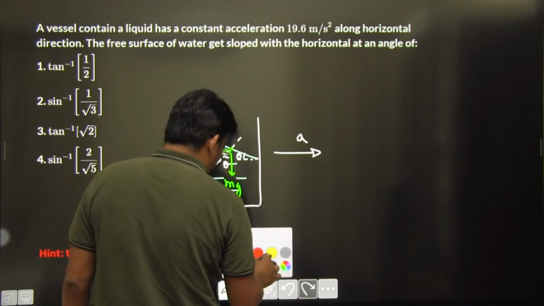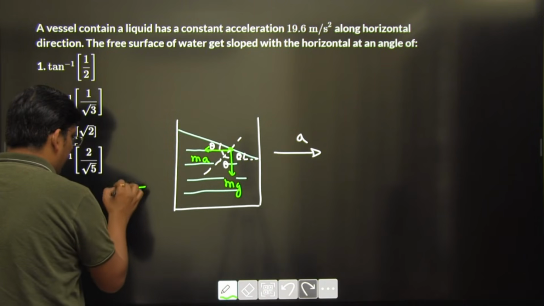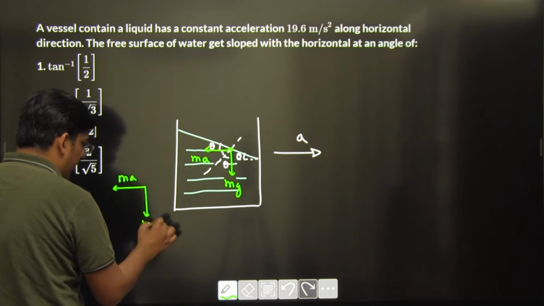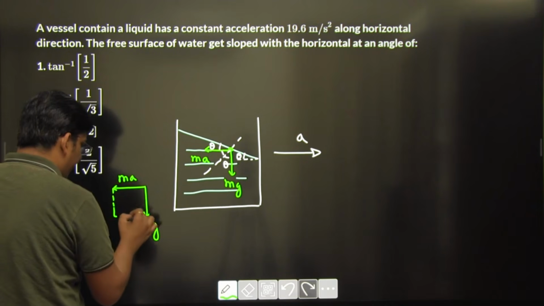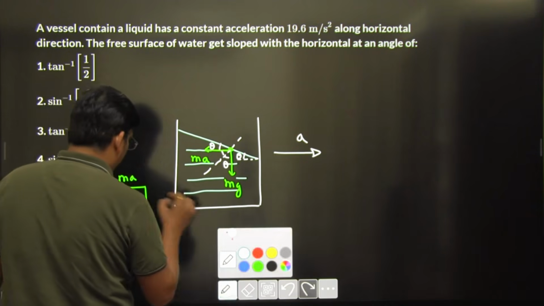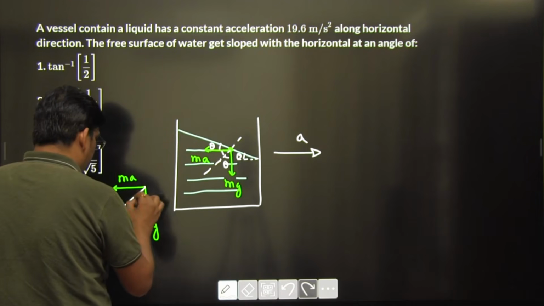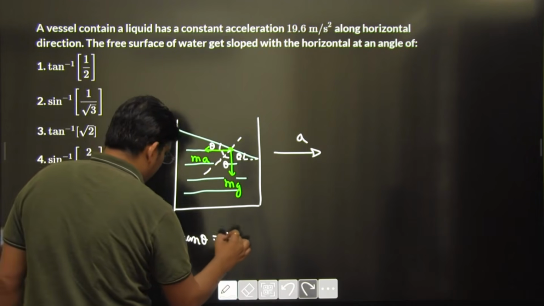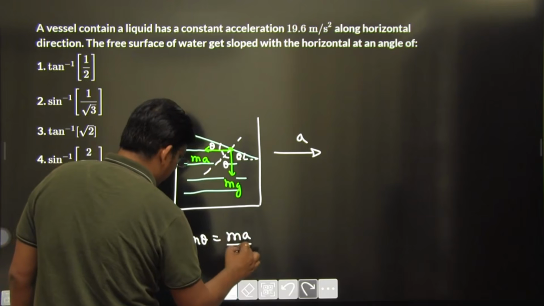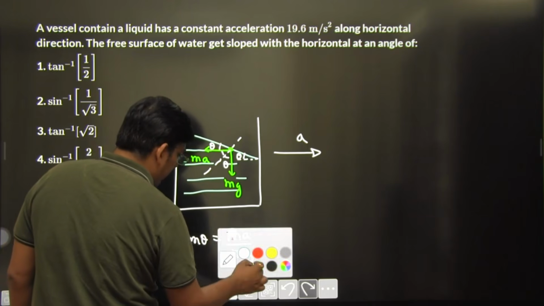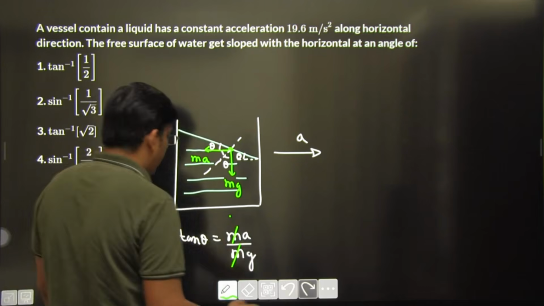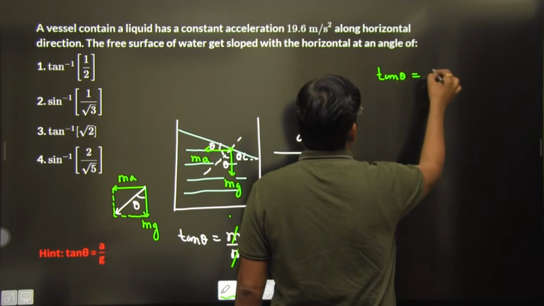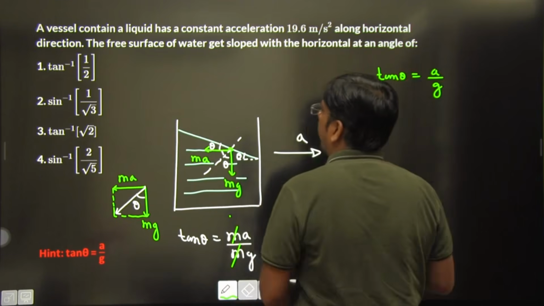Now if I make a parallelogram here, this is ma pseudo force, this is mg acting vertically downwards. This is theta. Now I can clearly see that tan theta equals ma divided by mg. Now m gets cancelled here, so tan theta equals, dear students, a divided by g.